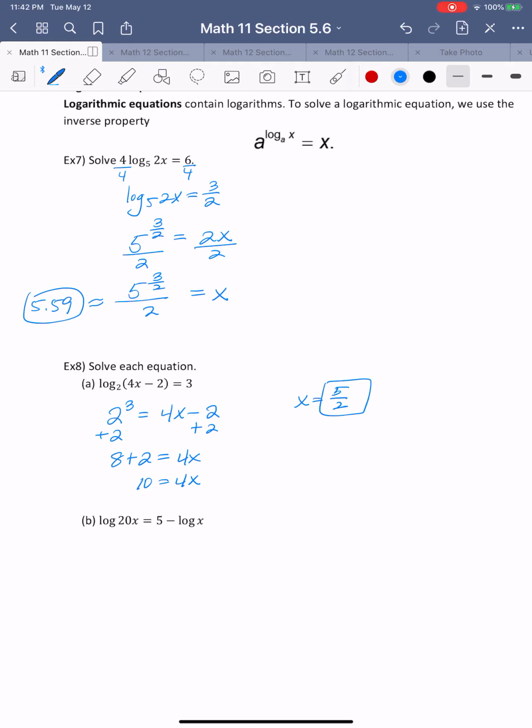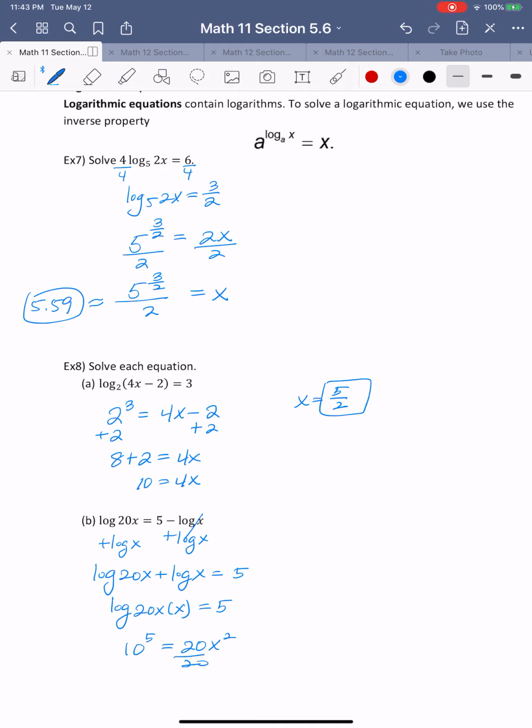Okay, in here I want to combine all the terms with the log on one side. So I got log of 20x plus log of x, which is equal to 5. The sum of two logs becomes a product, so log of 20x times x equals 5. Change to the exponential equation: base 10 to the 5th power equals 20x squared.